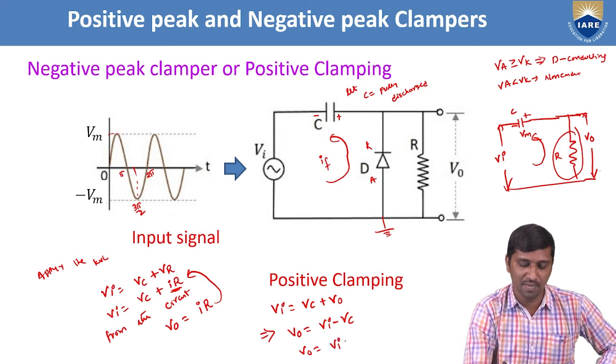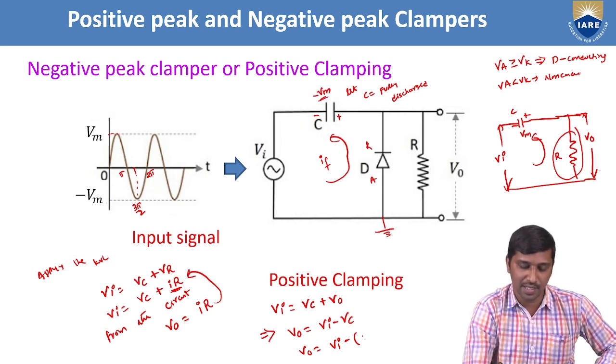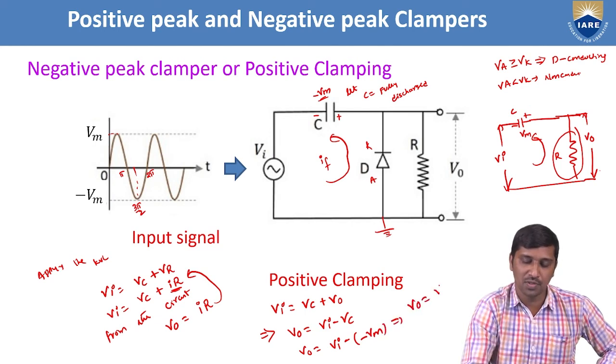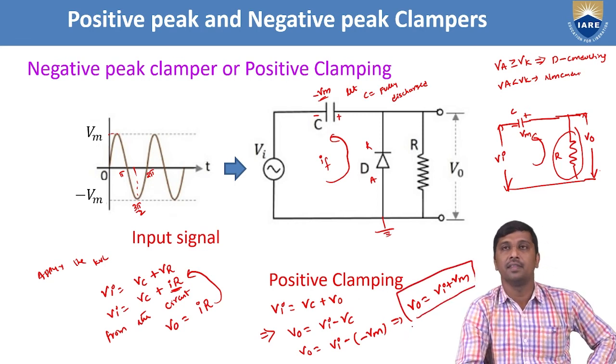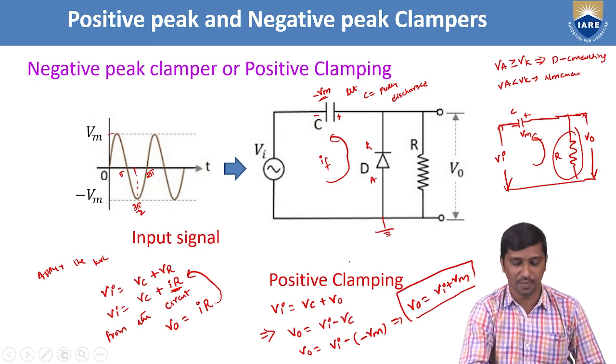You can observe this polarity here, so the current flows like this, hence this is minus and plus. Now V0 becomes Vi plus Vm. This is the final output expression for this positive clamping circuit.